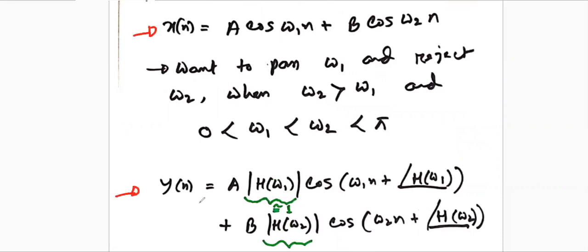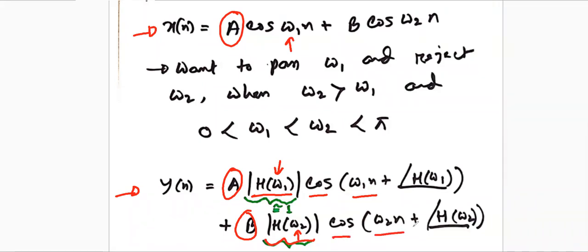The output would be: we have the amplitude, then the amplitude from the impulse response for that particular omega 1 value, then cos, and the phase is omega 1 n plus the phase at that location, H(omega 1), plus we have this amplitude b from the input signal and the amplitude from the impulse response for omega 2, then cos of the phase omega 2 n plus the phase H(omega 2).